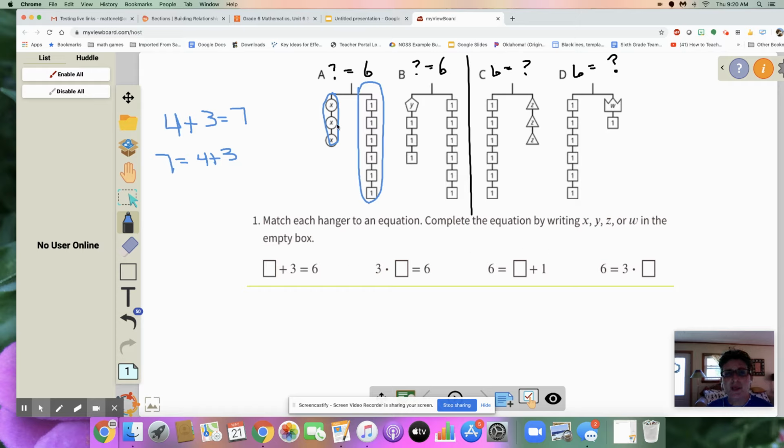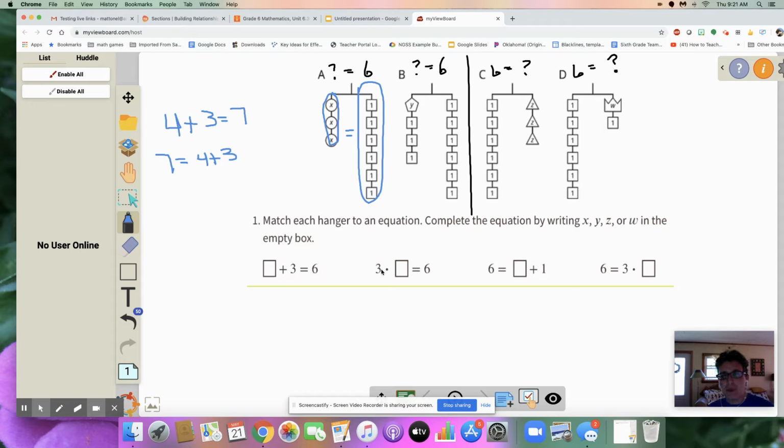And I have this number x here, which is my variable, which is whatever I want it to be. I just don't know what it is yet. And I think about if this is this equaling 6, so is it something plus 3? And I don't have 3 boxes, so it can't be something plus 3.